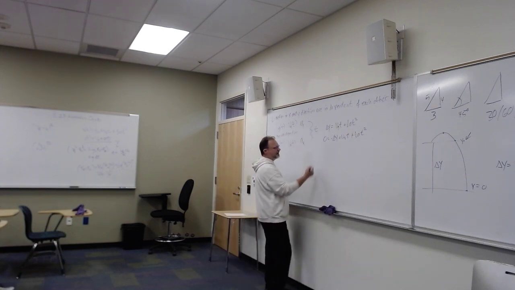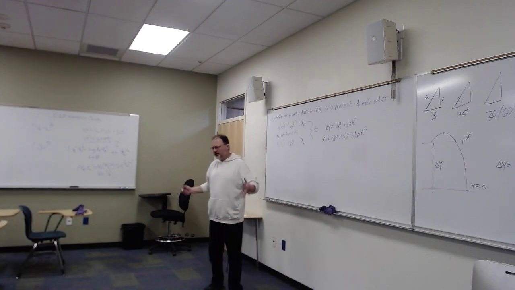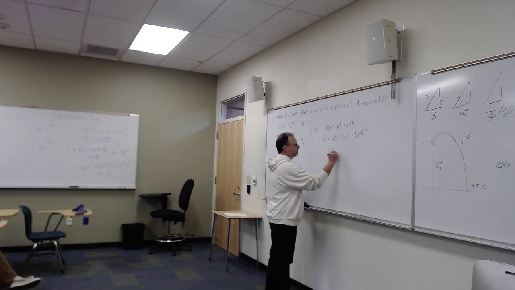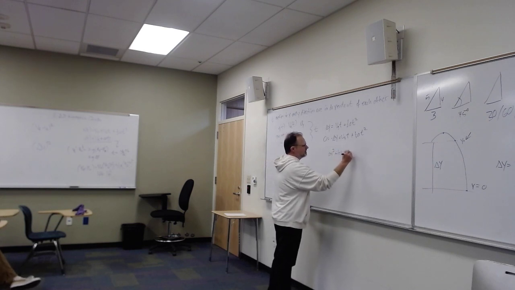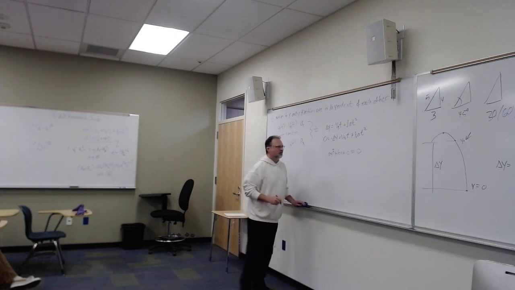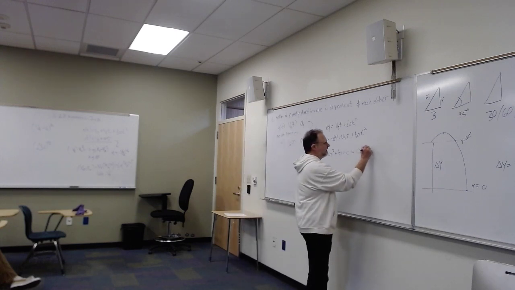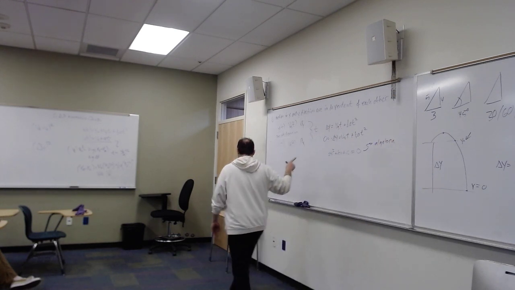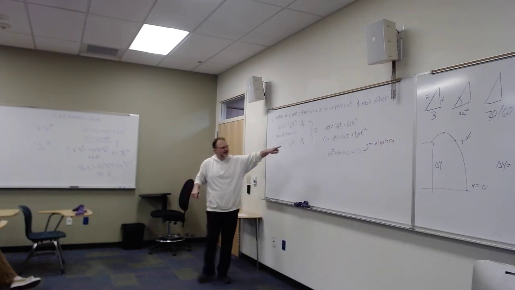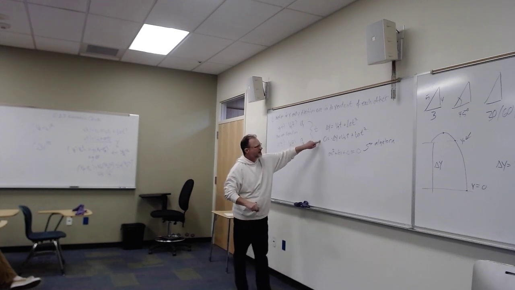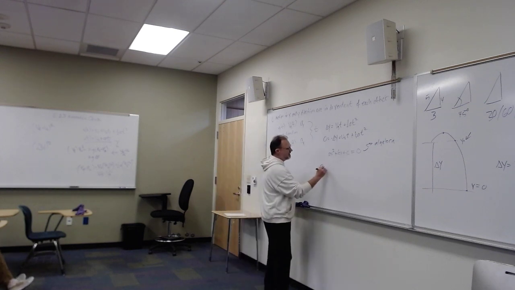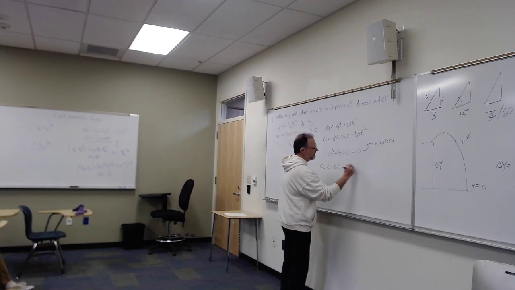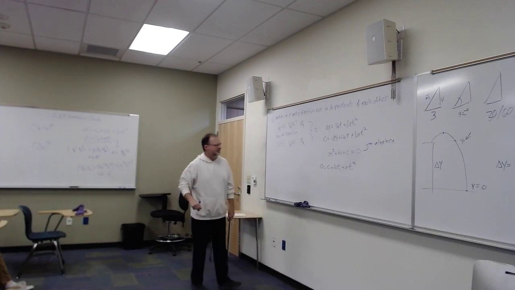When you're doing your quadratic equation, we normally write a x squared plus bx plus c equals 0. This is the normal way that we write it in algebra. And you gotta make very clear that this is written backwards. This is 0 equals c plus bt plus at squared.